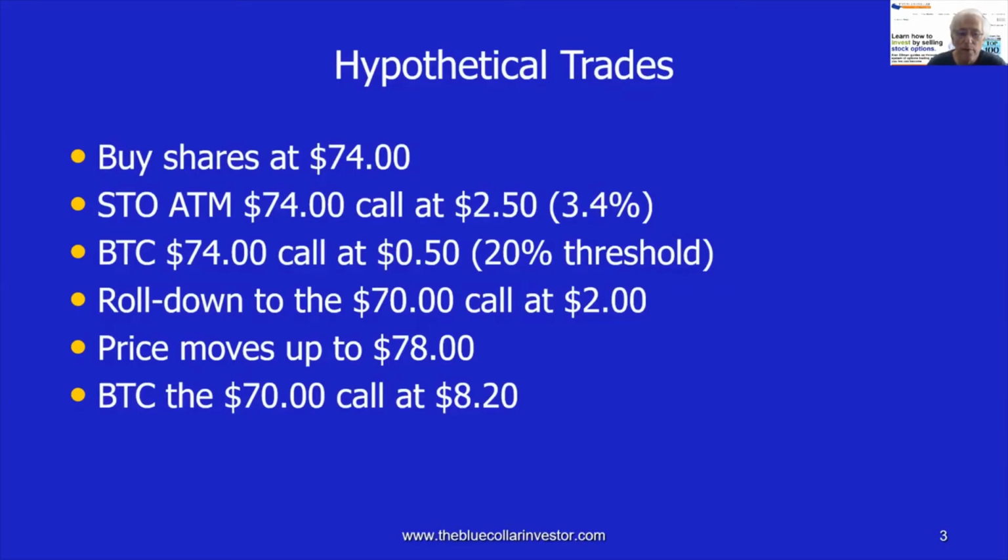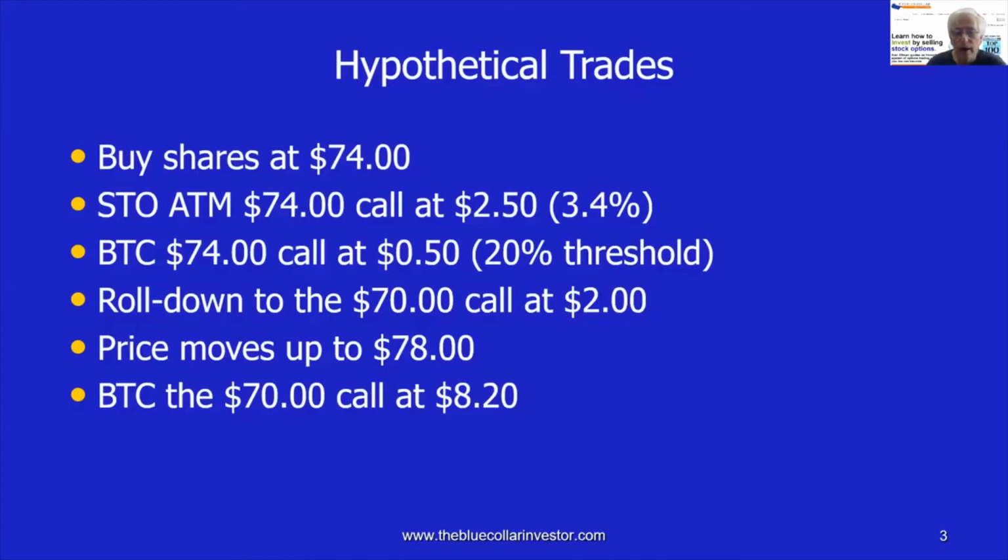Now, if the price of the stock goes down, we have set up our 20%, 10% guideline thresholds. At the beginning of the contract, it's 20%, and halfway through, we change that to 10%. So 20% of 250 would be 50 cents. Let's assume the price of the stock declines, and that threshold is met, and we buy to close the original option contract at 50 cents.